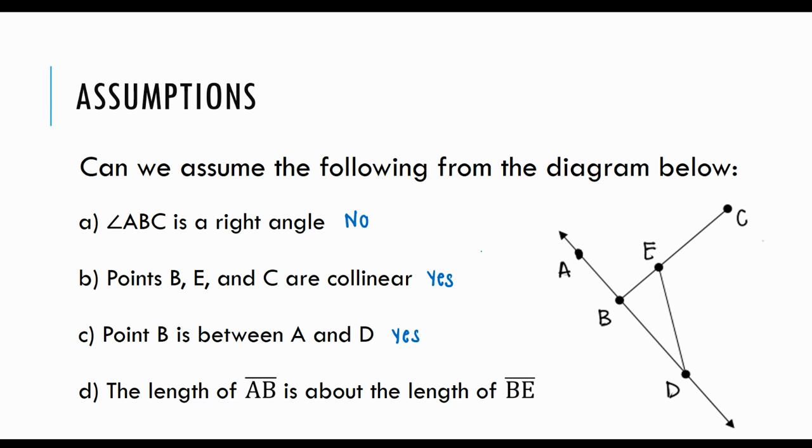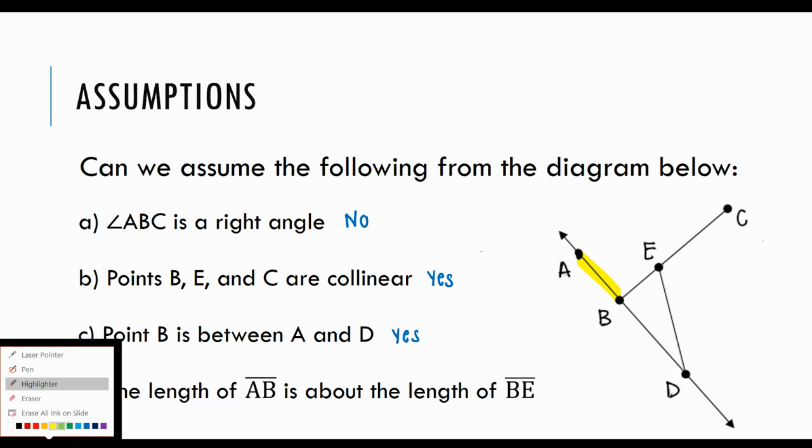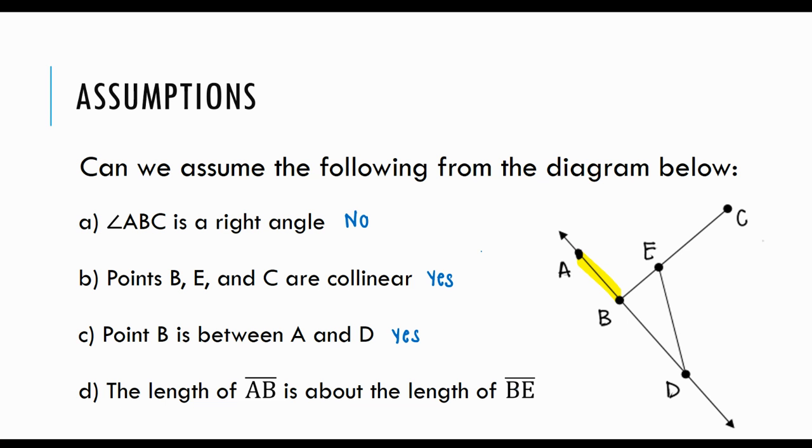And then finally, it says the length of the segment AB. So if I was to highlight AB, that's this segment right here. It says that that is going to be about the same length as BE. The segment BE is right here. So those two segments, if I look at them, notice that there is no tick mark indicating that they are congruent.